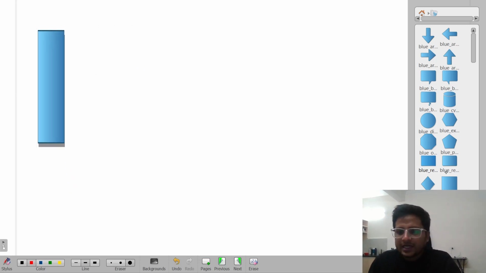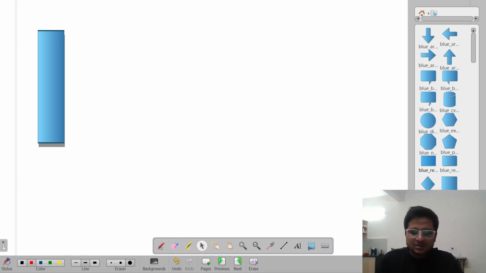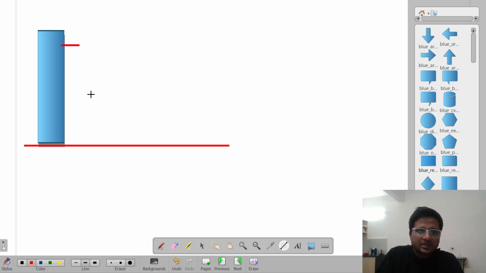In front of it, I am attaching some pulleys over here. This is one of the pulleys which I attached.